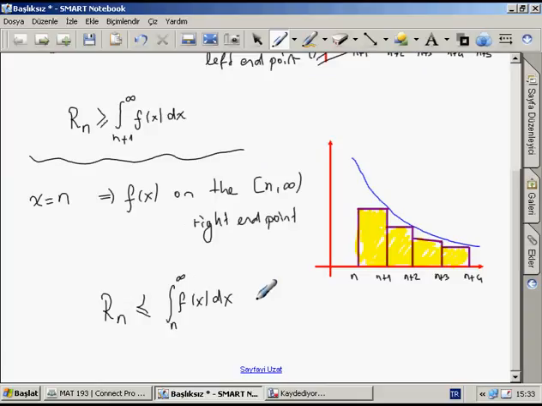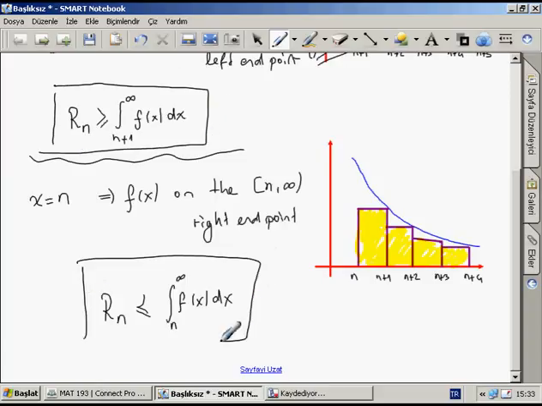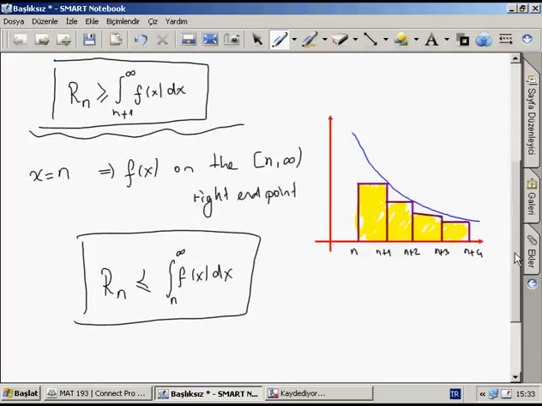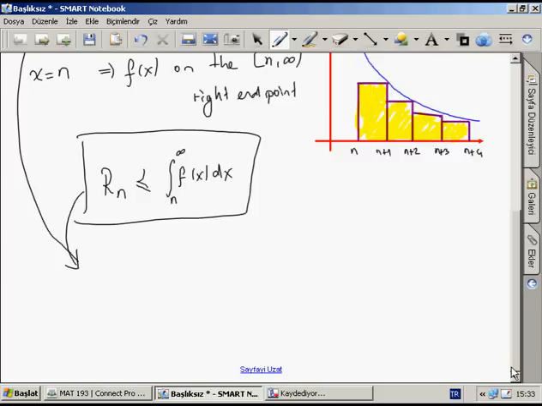Okay, and we have just two different estimations for the remainder. Let's combine them together so that we find the integral from n plus 1 to infinity of f of x dx less than or equal to R_n less than or equal to the integral from n to infinity of f of x dx.